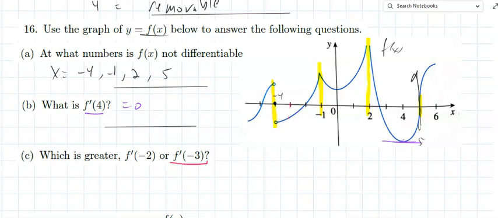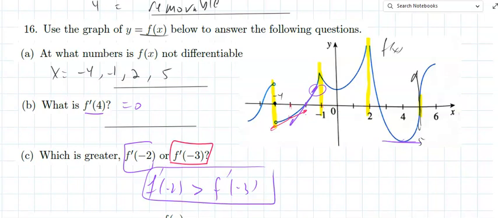Let's go negative 3 first. At negative 3, this is the slope of the tangent right there. And at negative 2, it's at that point. Isn't it? This is bigger than that. So f prime of negative 2 is greater than f prime of negative 3. Of course, slope of the tangent, not the y values.